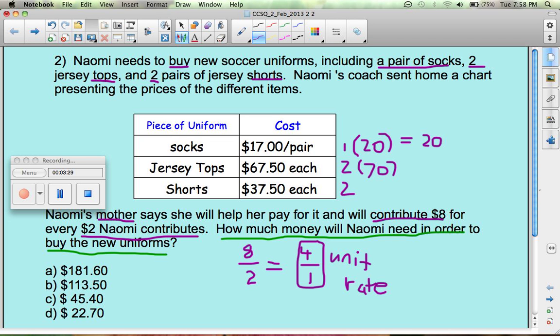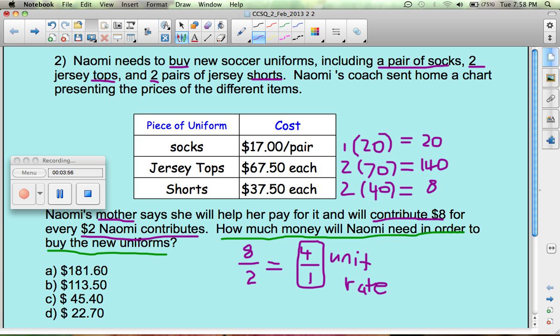And 2 70s, well, 2 7s is 14, so 2 70s is 140. And 2 pairs of shorts, they're about $40 each. So 2 40s, well, 2 4s is 8, so 2 40s would be 80.